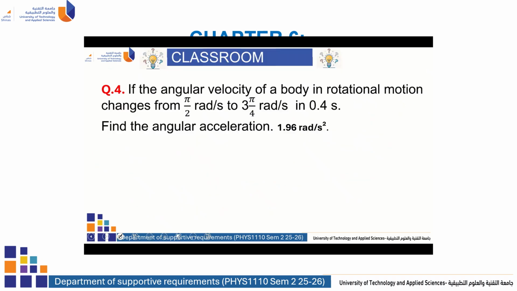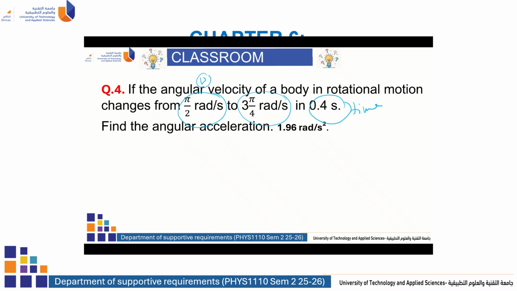Now question number 4. If the angular velocity, omega, of the body in rotational motion changes from this value to this value in this time, so here two values are given for the angular velocity.